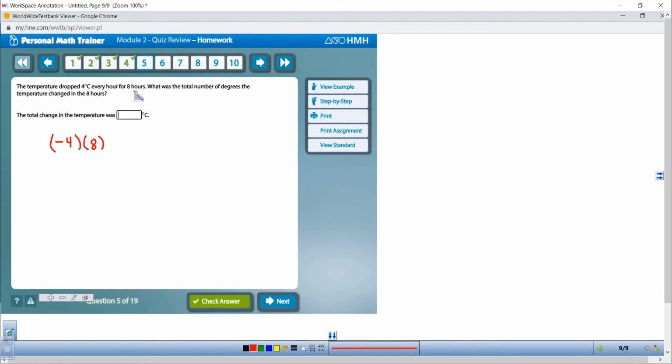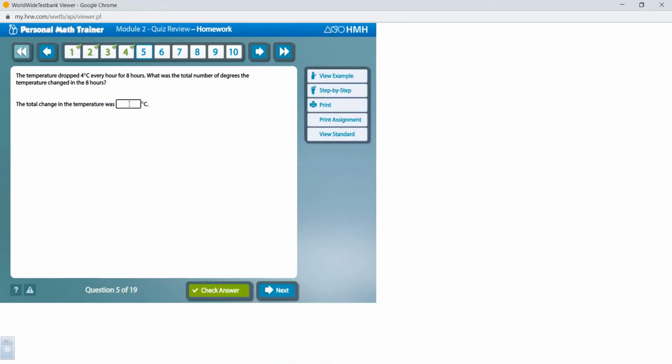Remember, the number of occurrences is always a positive number. It's dropping, so that's a negative. A negative times a positive is going to be a negative, and 4 times 8 is 32. So I'm going to put negative 32 because it says what was the total change in temperature. Then I'm going to check my answer.